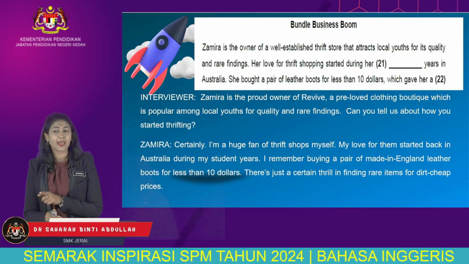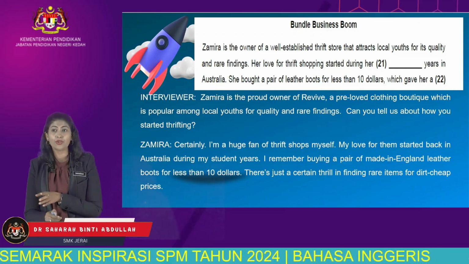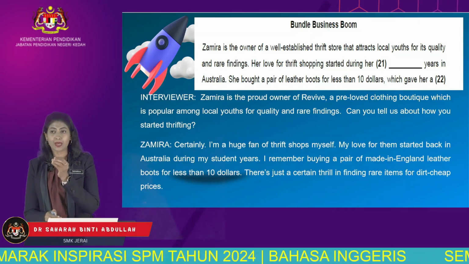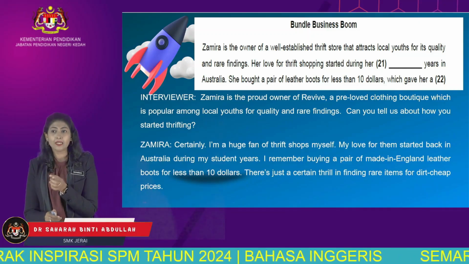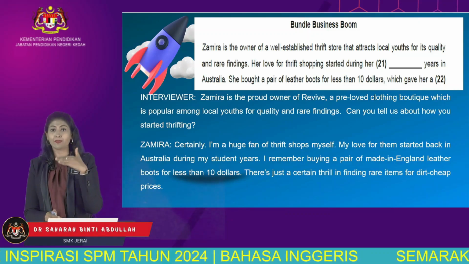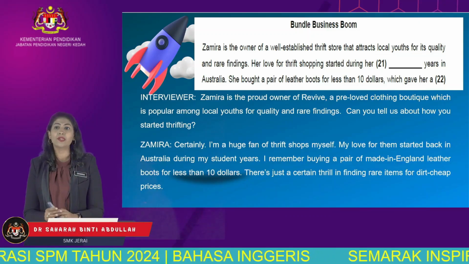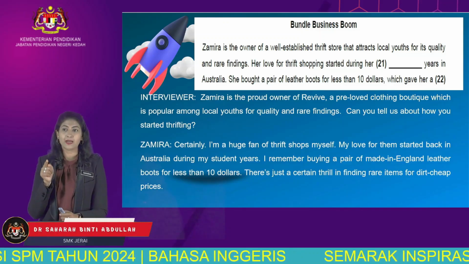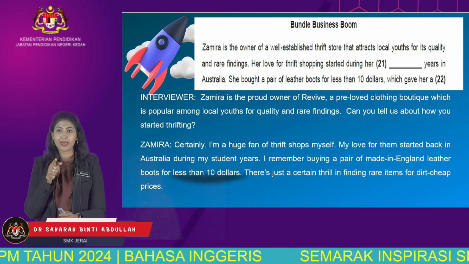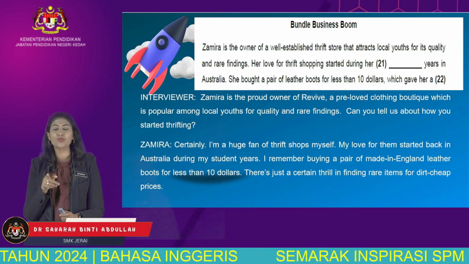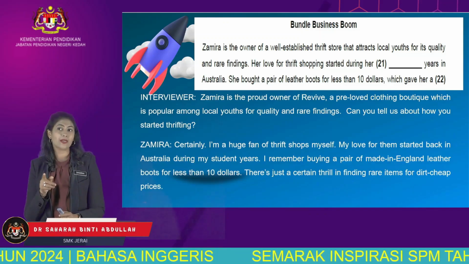You see, again the word started is there. Even though there are not many clues in that particular question, you could see the word started is repeating. So this is how you guess the answer. When you see started, and then you see the answer, back in Australia during my student years. So what is the answer? Years is there.